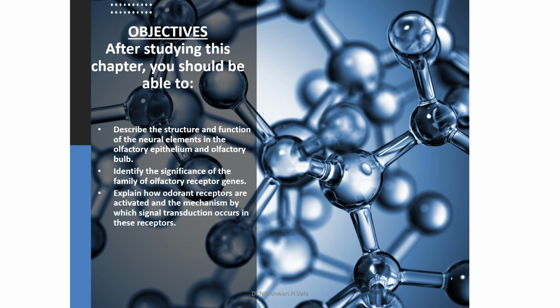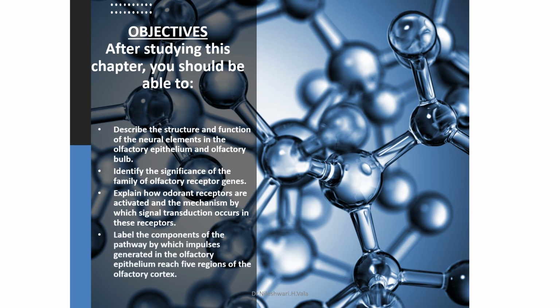Then explain how odorant receptors are activated and the mechanism by which signal transduction occurs in this receptor. Then label the components of the pathway by which the impulse is generated in the olfactory epithelium and reaches the 5 regions of the olfactory cortex.